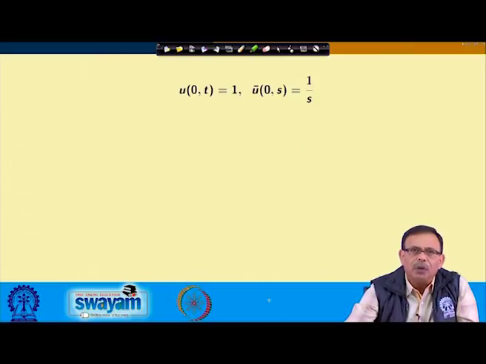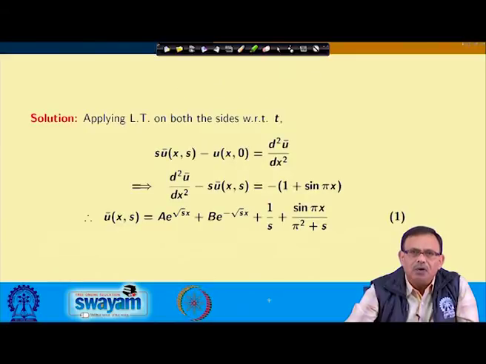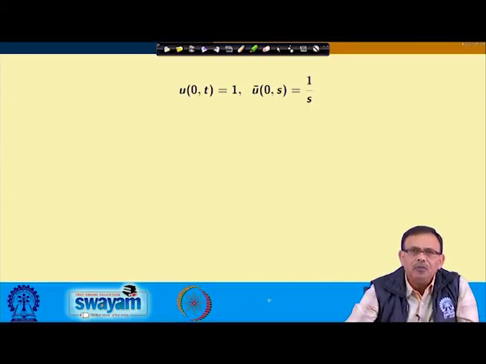Once you obtain this, I have to find out the values of these constants a and b. For that I am using two conditions. One condition I know: u 0 t equals 1, so that u bar 0 s will be equal to 1 by s, and you have u 1 t equals 1. From here you can obtain u bar 1 s equals 1 by s.